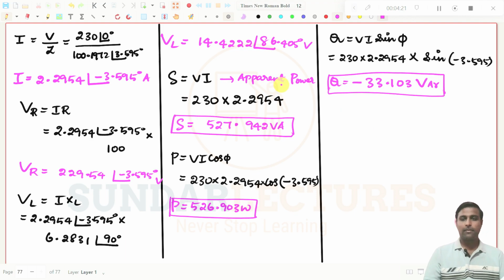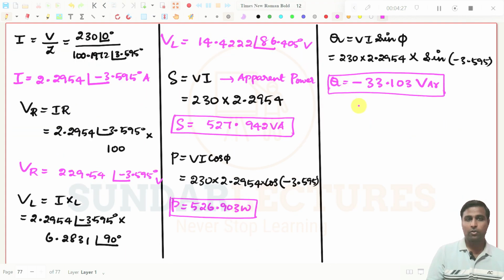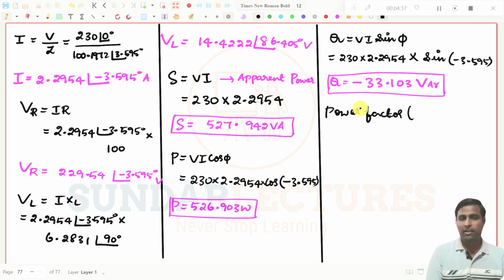Right? Next, we need to find the power factor. That is the last thing, power factor. I've already told you there are so many ways to find power factor. Maybe I will write it as PF.